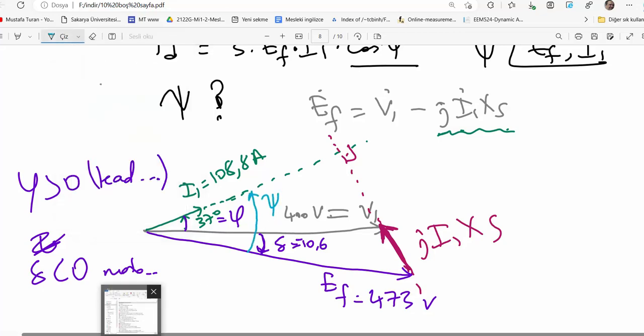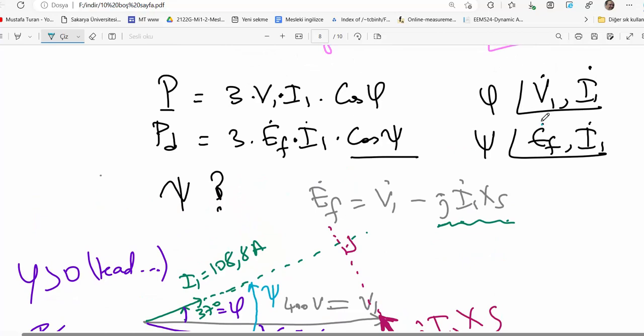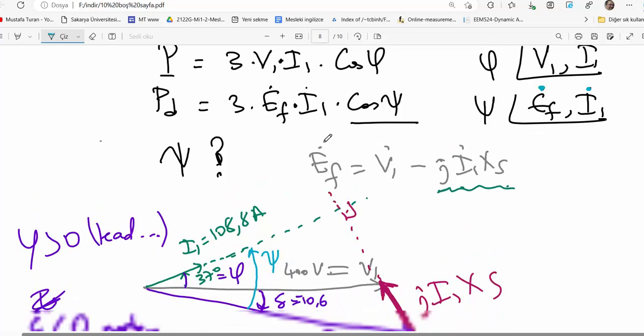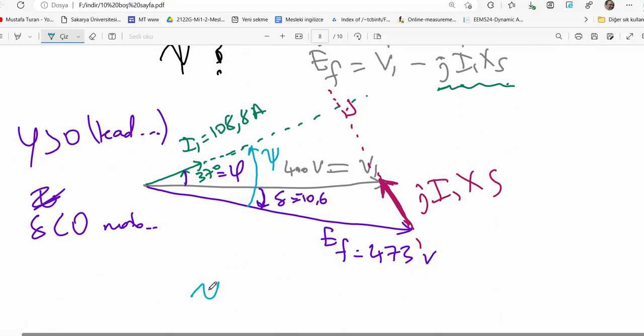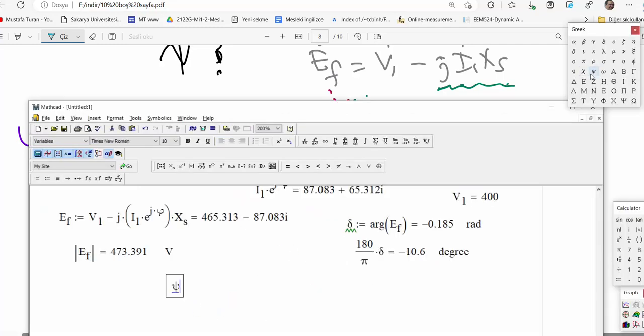That is psi from EF to current. Okay, psi is negative of delta plus phi from the interpretation of phasor diagram. Please do not memorize, just draw and calculate or interpret.